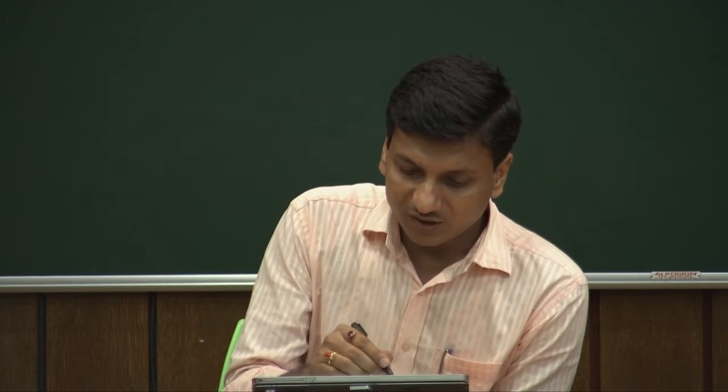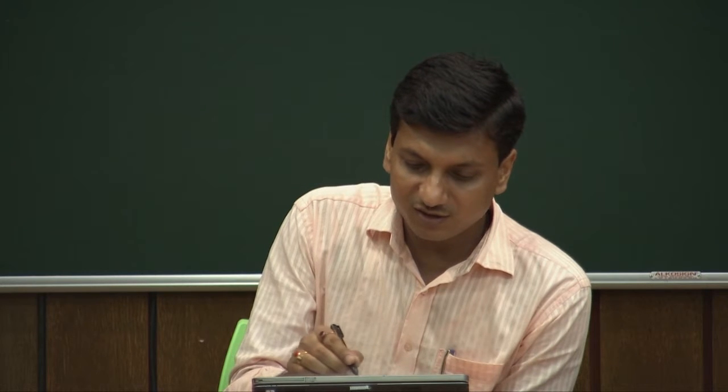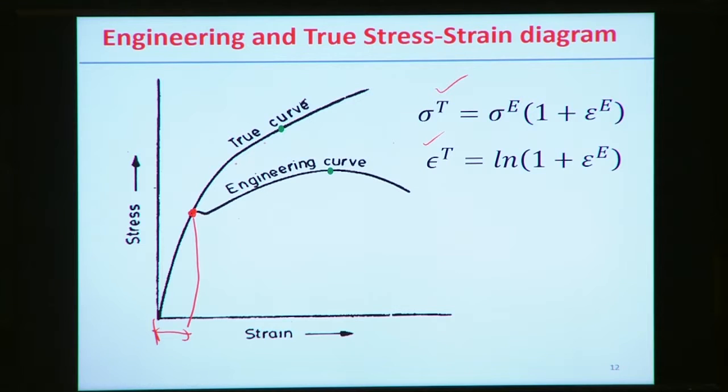If you look into that, the true stress strain curve always has an increasing nature of stress. But in the engineering stress strain diagram, there is an optimum point called the ultimate tensile strength, and after that necking happens and the stress value reduces, and finally rupture or fracture happens at a specific point which is less than the maximum stress value.